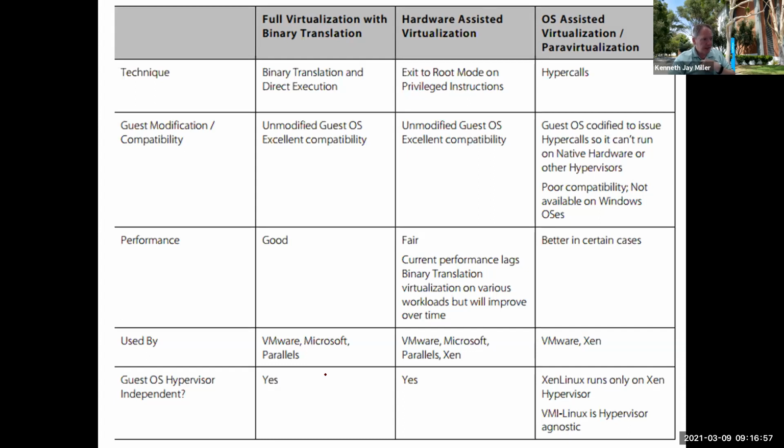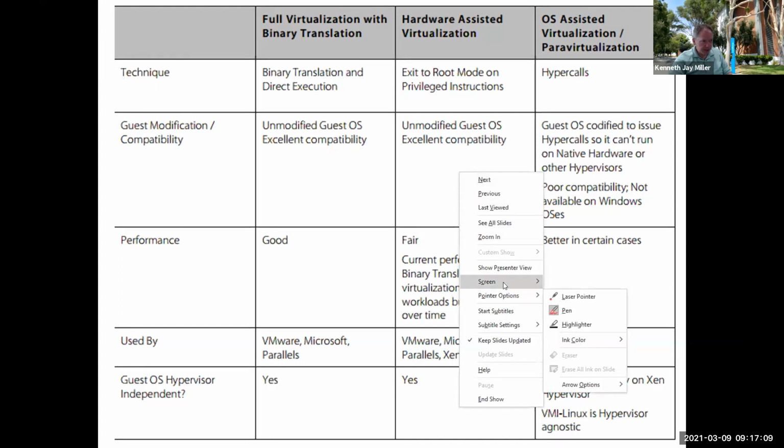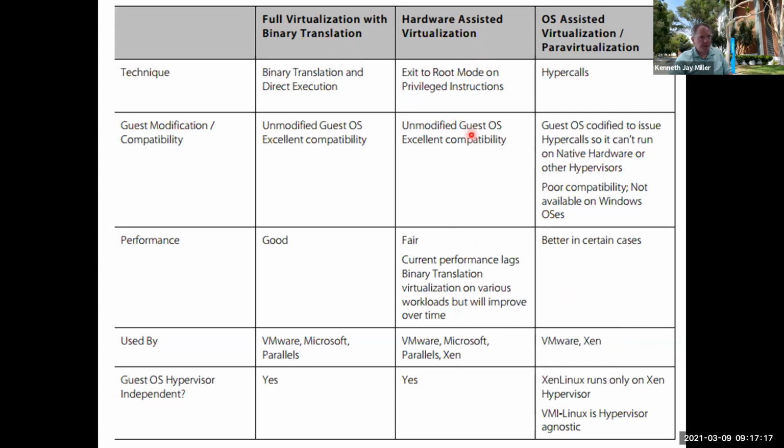We can look at these things here, and it will give us some information. So if we have HAV, which is what everything is now, that's the default. Let me change my pointer back to a laser pointer. There, that's better. With HAV, the technique is that it moves below the root mode. Unmodified, we don't have to modify anything, which gives us excellent compatibility.